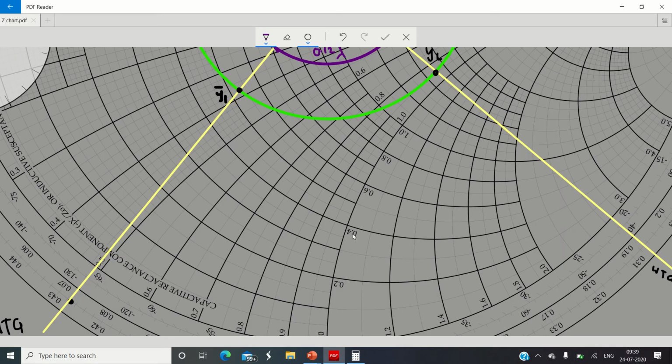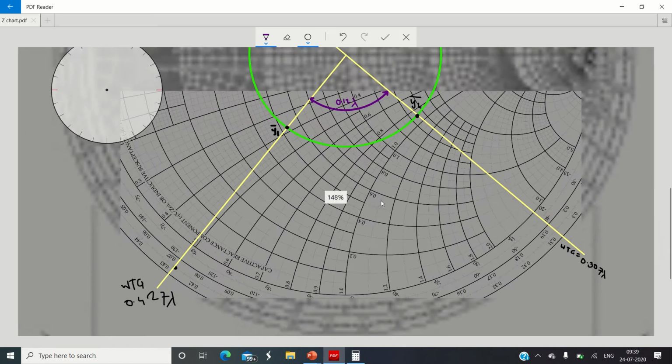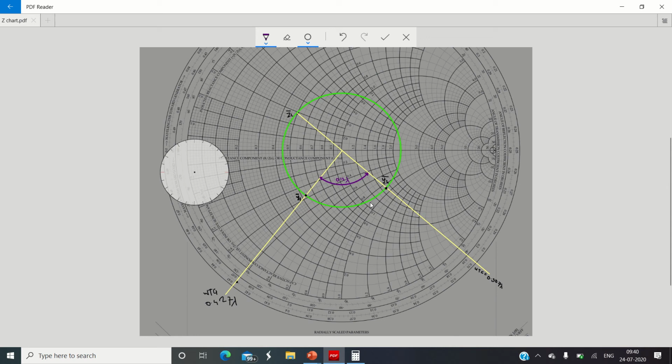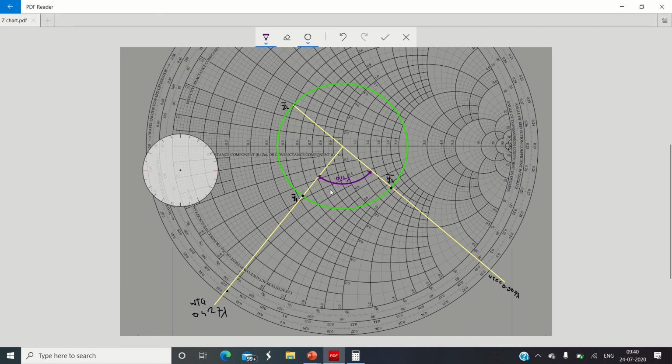So we need to locate where that forbidden region is. It is specified by a unit conductance circle, please remember. First trace where your conductance circle of value 1 is. We already know that the conductance circle of value 1 is nothing but the unit conductance circle. So we draw that circle.